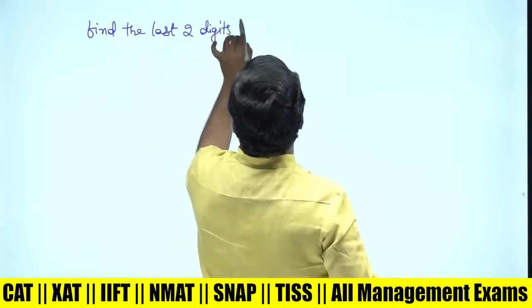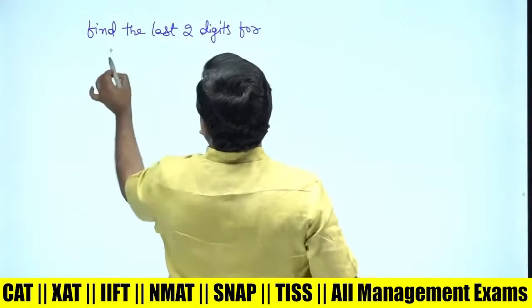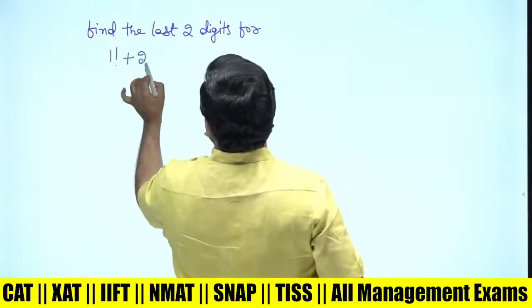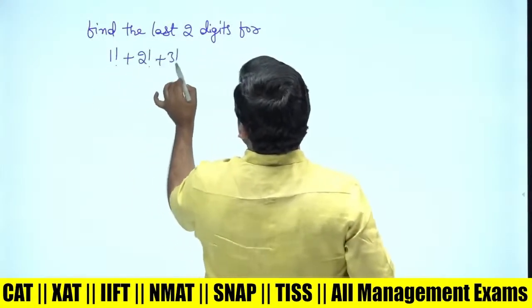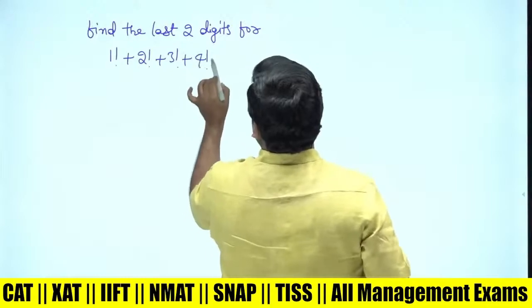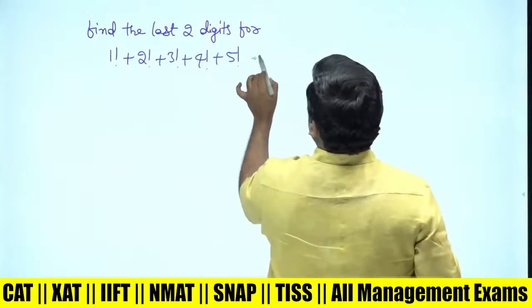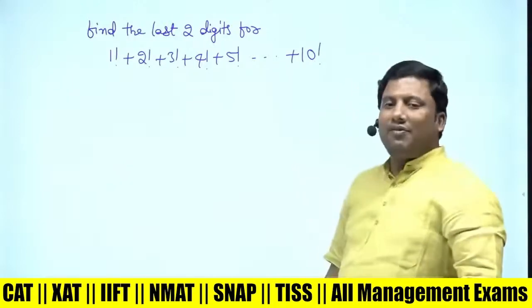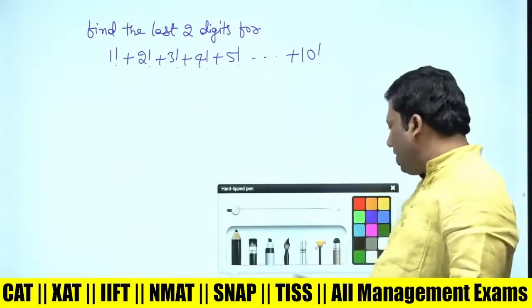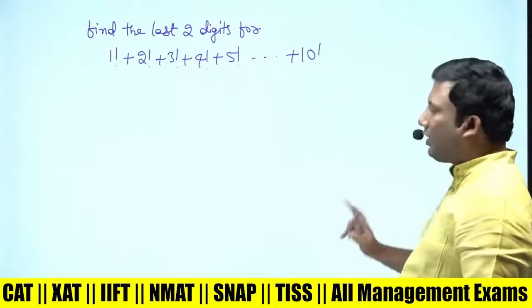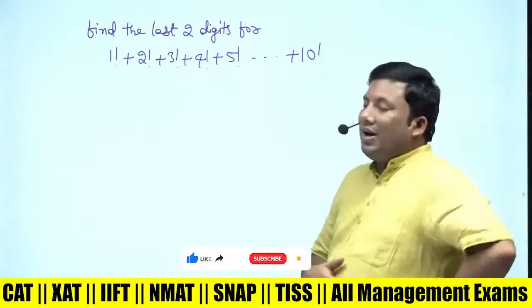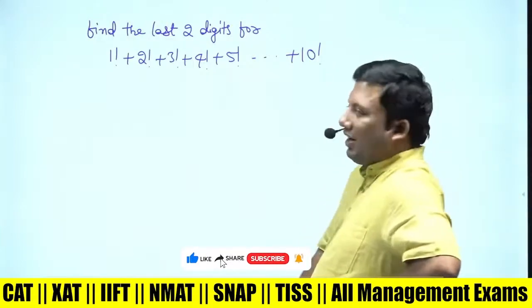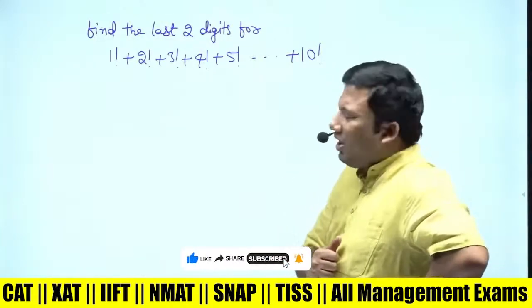Find the last 2 digits for 1 factorial plus 2 factorial plus 3 factorial plus 4 factorial plus 5 factorial and so on up to 10 factorial. Anyway, the unit digit we got as 3.